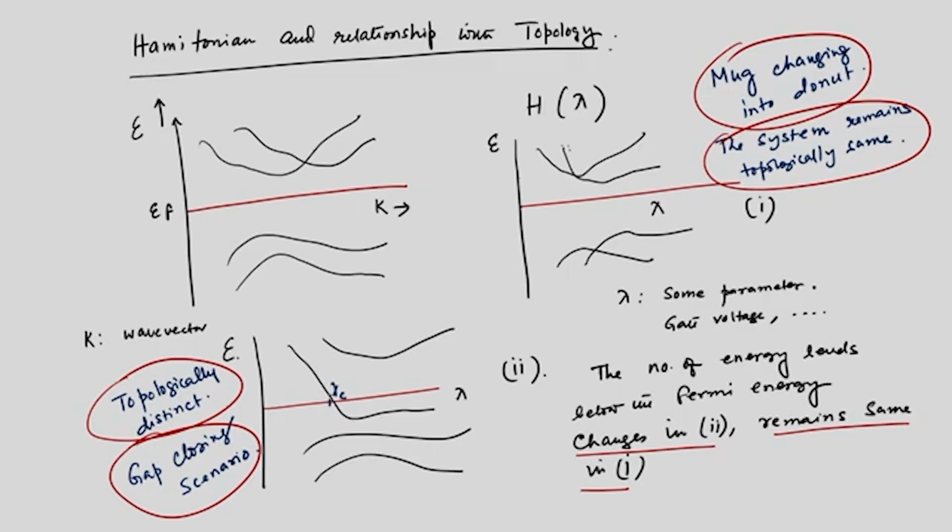You see the gap, it was earlier gapped, it was here gapped, but that gap closes with the Fermi energy at this point lambda c.